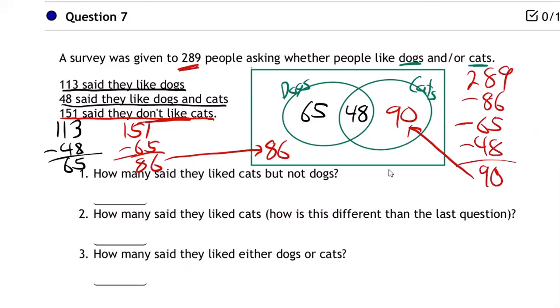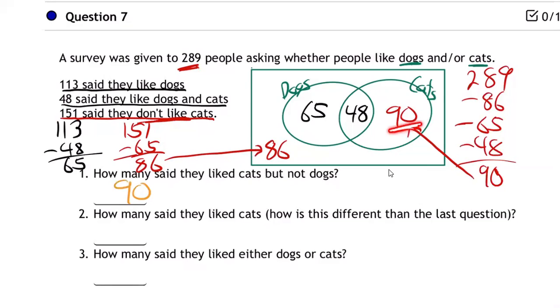Now we're in a position to be able to answer their questions. Let's give it a go. So their first question is, how many said they like cats, but not dogs? Cats, but not dogs. That's the 90, isn't it?